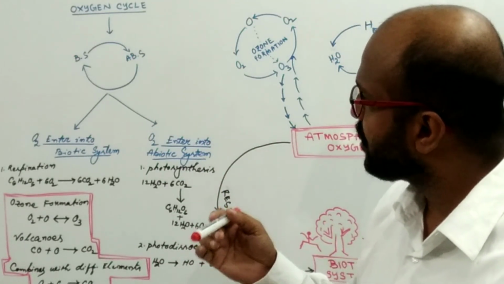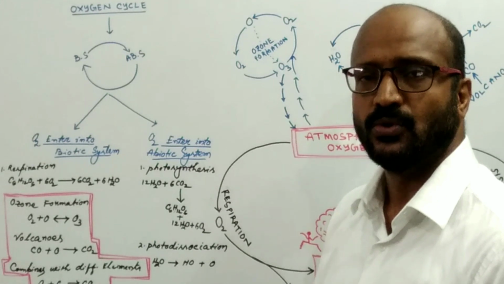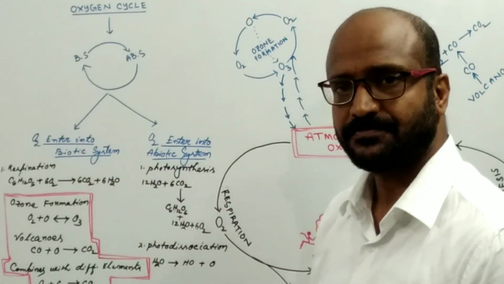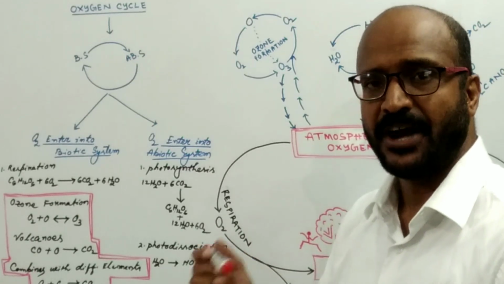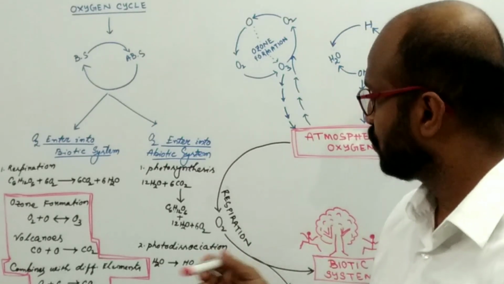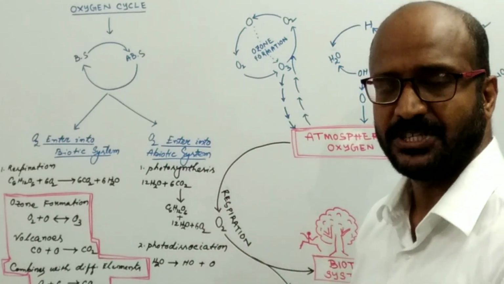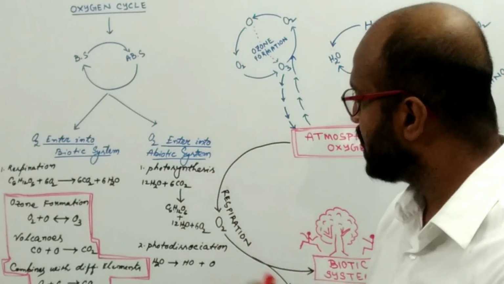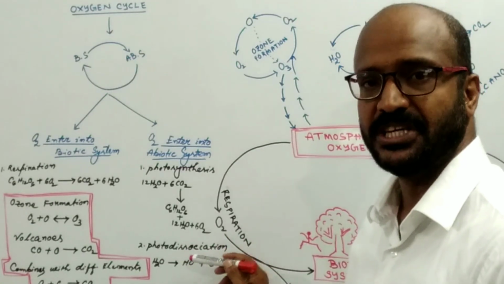Oxygen enters the biotic system through one process, respiration, and enters the abiotic system through two different processes: photosynthesis and photodissociation.